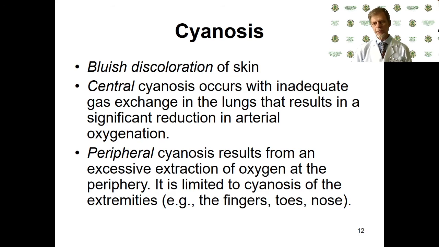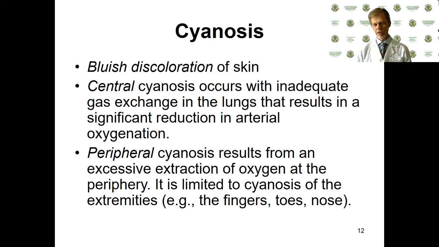In case of peripheral cyanosis, this is inadequate or excessive extraction of oxygen at periphery, limited to cyanosis of extremities, fingers, toes, nose, and peripheral cyanosis we also call acral cyanosis. Acros means fingers in Greek. That's why acral cyanosis means cyanosis of fingers, toes, nose, peripheral parts of the patient's body.